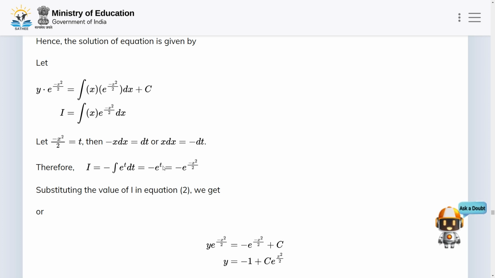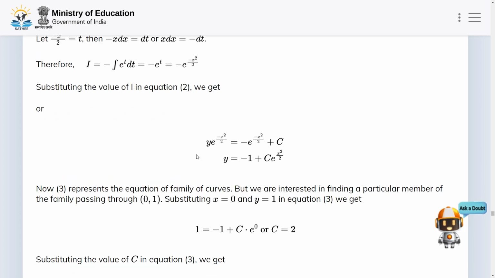This means minus e power t. Substituting back your t value, you will get minus e power minus x square by 2. Substitute it. You will get your final answer as y is equals to minus 1 plus c e power x square by 2. This will be your general form.